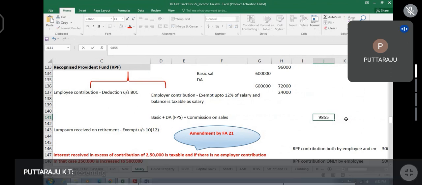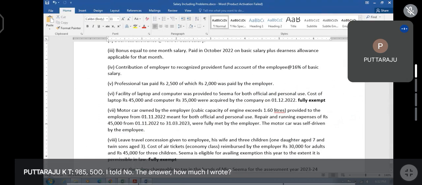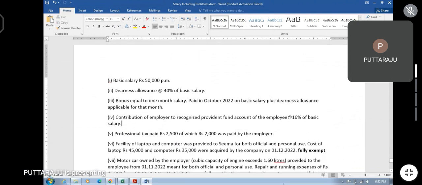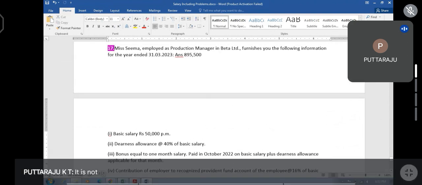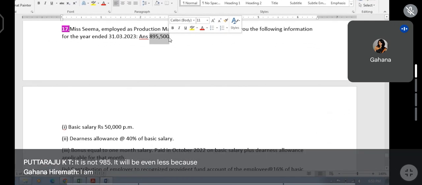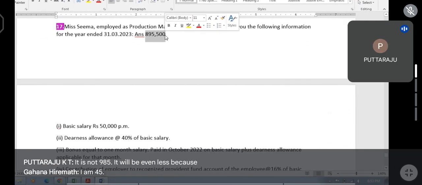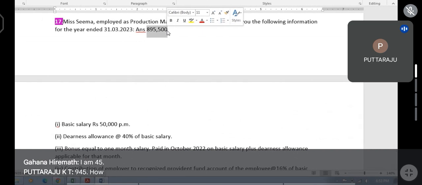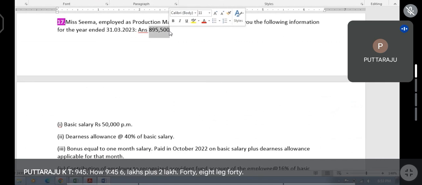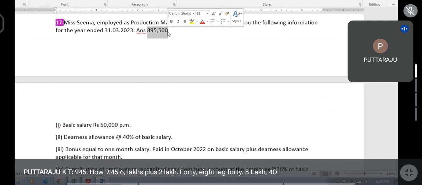985,500, I told, no? The answer, how much I wrote? It is not 985. It will be even less, because 945. 945. How 945? 6 lakhs plus 2 lakh 40, 8 lakh 40, 8 lakh 40 plus 70.